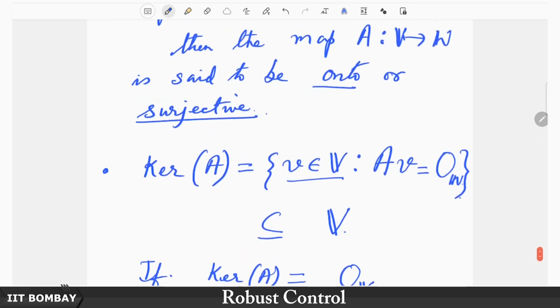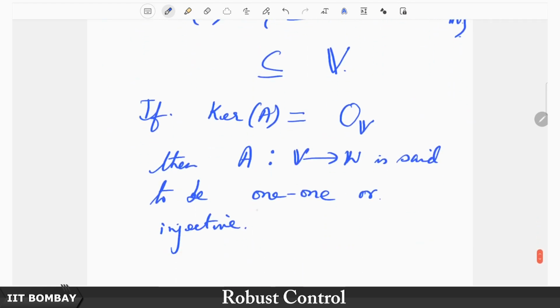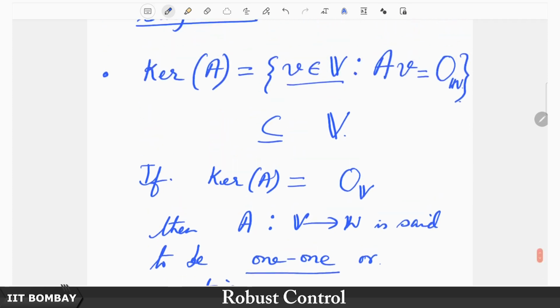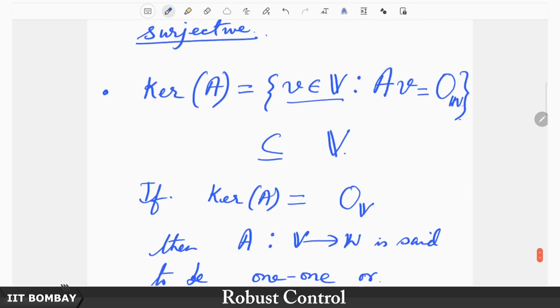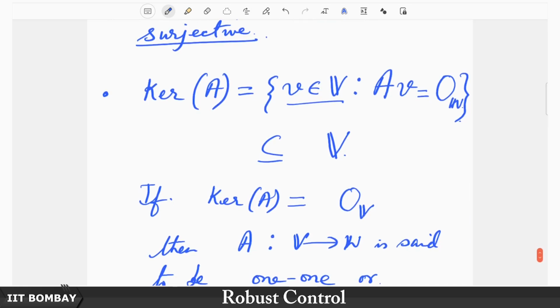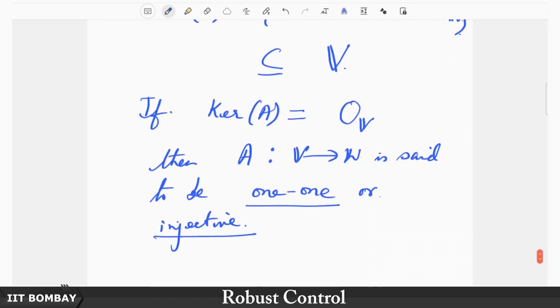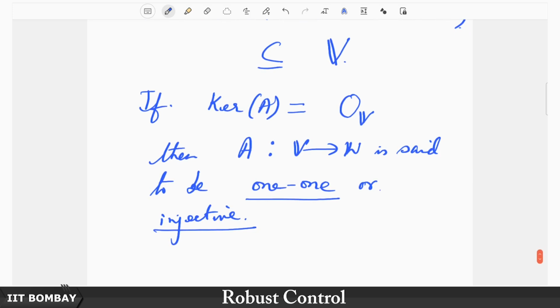So remember, onto was synonymous with surjective. Now we have 1 to 1, which is synonymous with injective. What is the consequence of this? Just try to think about it for a while. What happens if the kernel is just the 0 element? Or rather, what if the kernel is non-trivial?